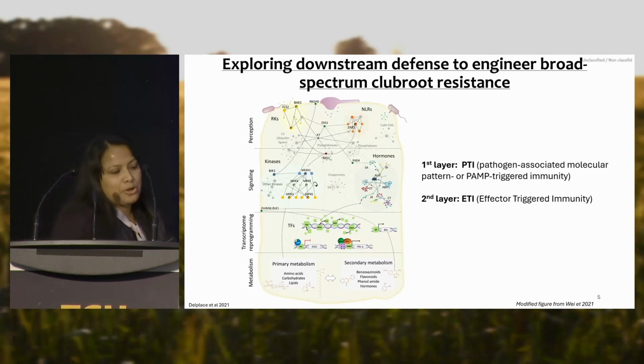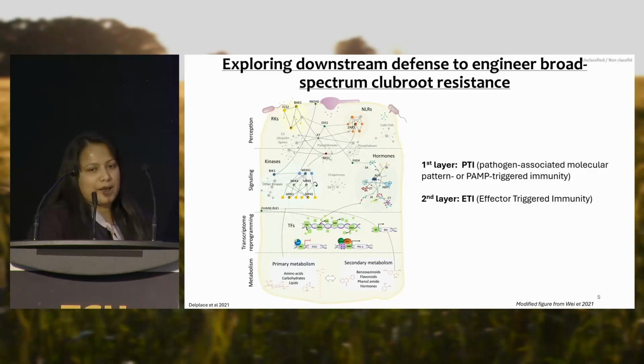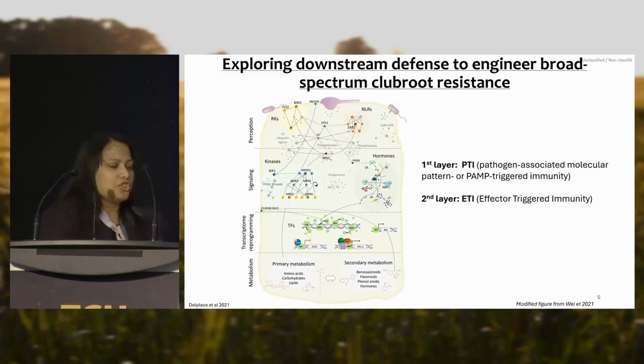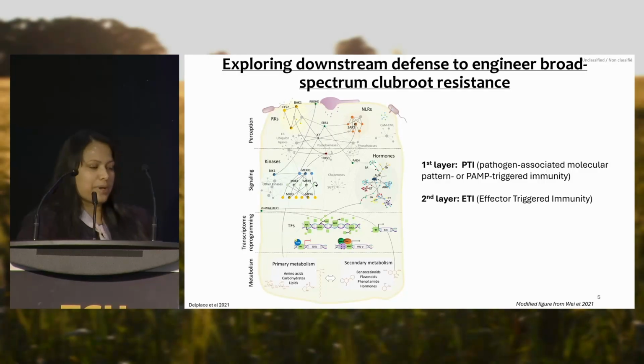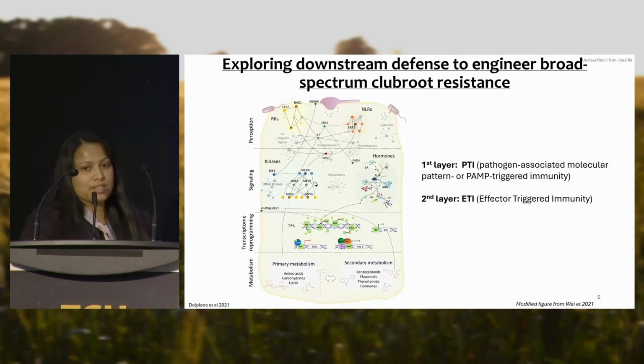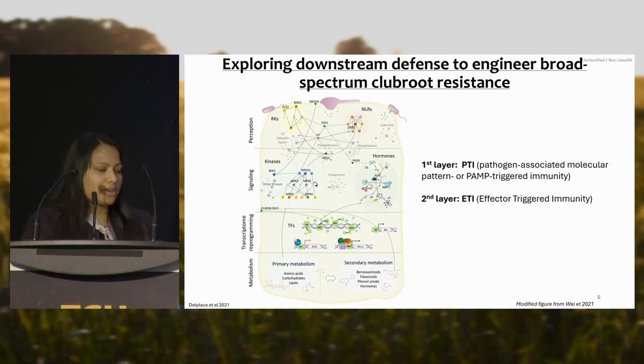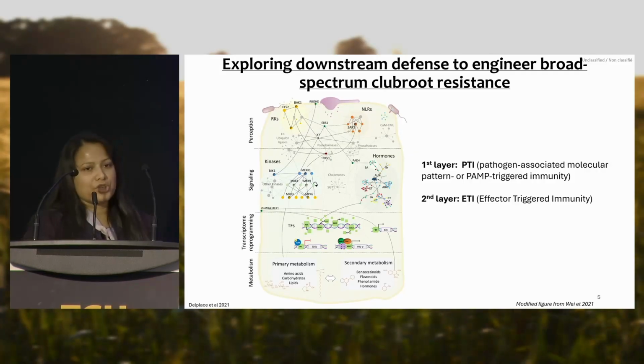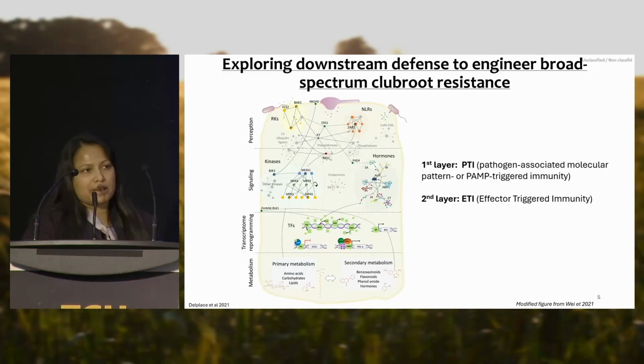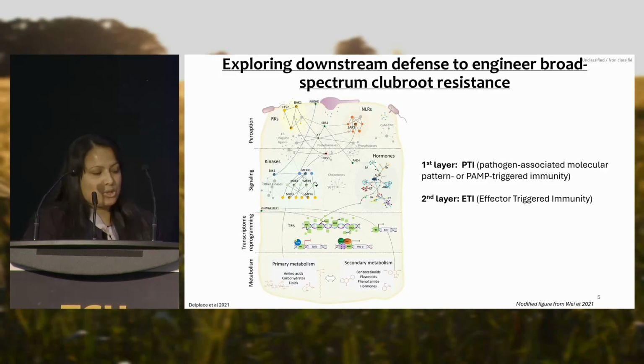Although many of these downstream signaling pathways have been well studied and effectively engineered against many pathogens, there is not much information about these genes against clubroot.